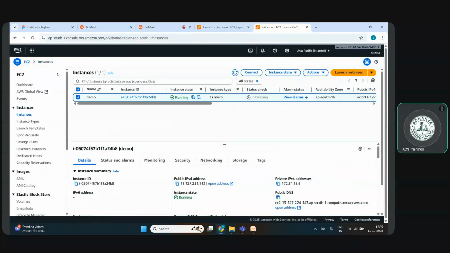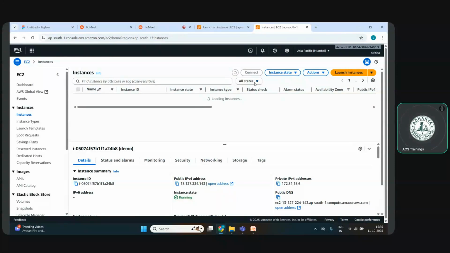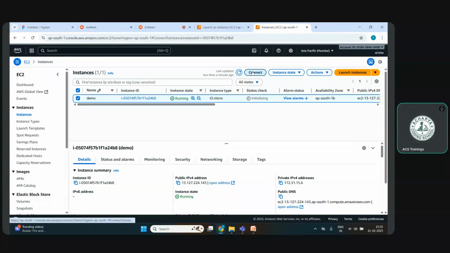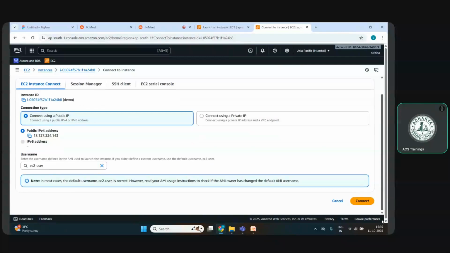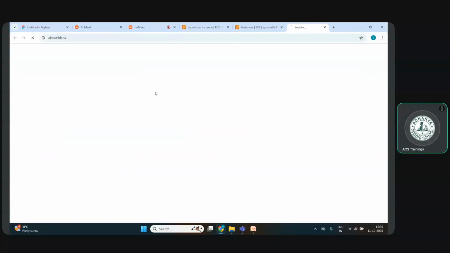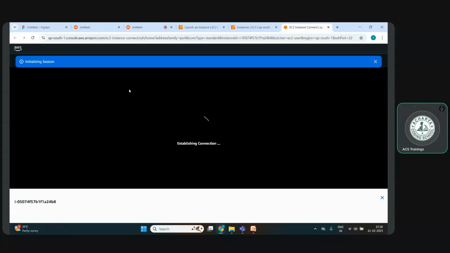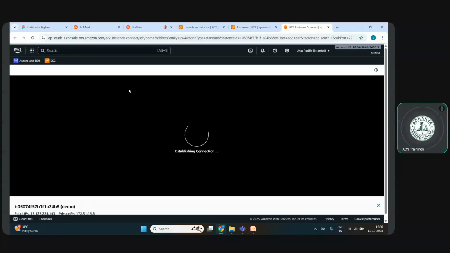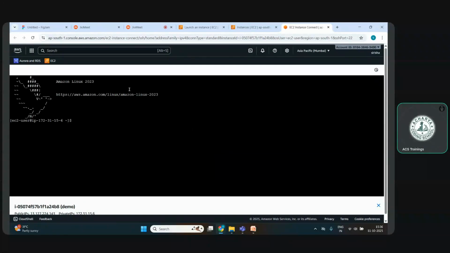Let us control the instance which we have created now. We have connected to our EC2 machine, meaning our Linux machine.